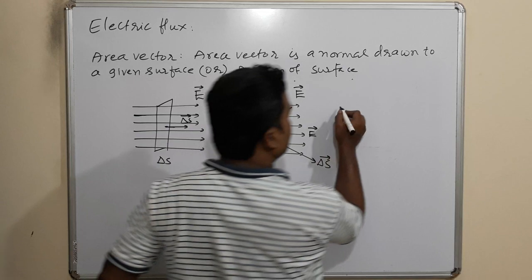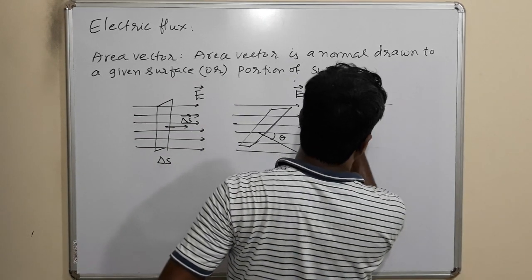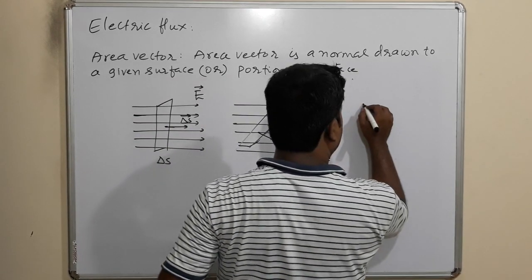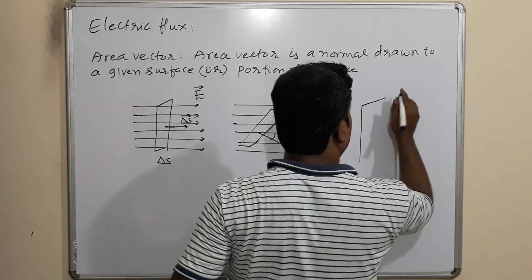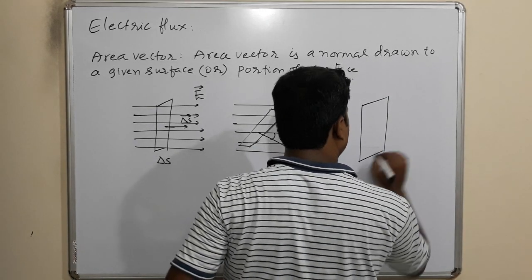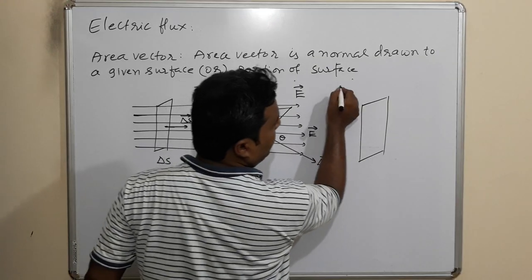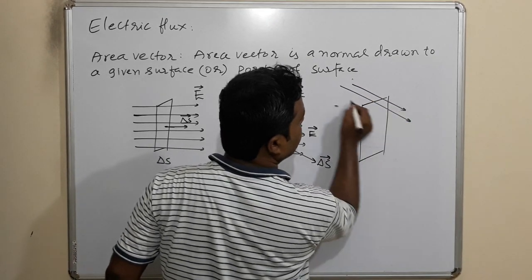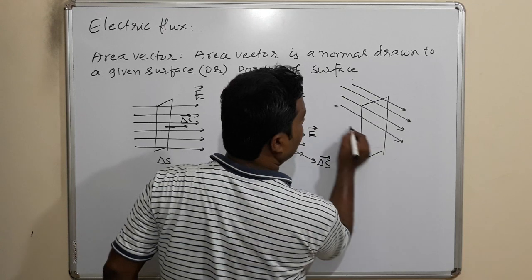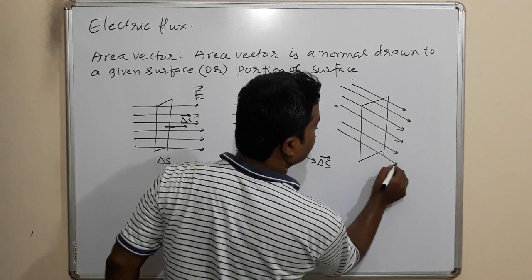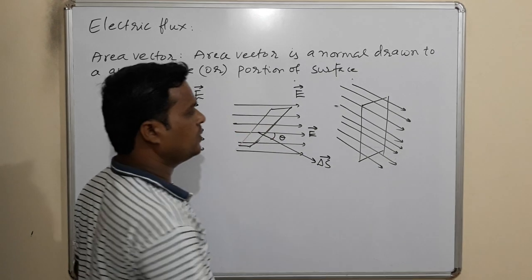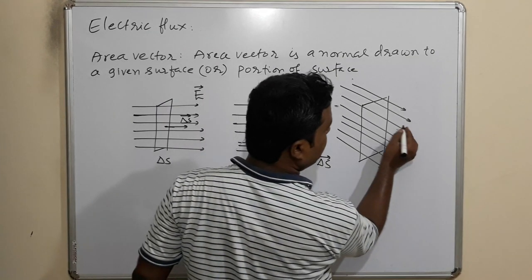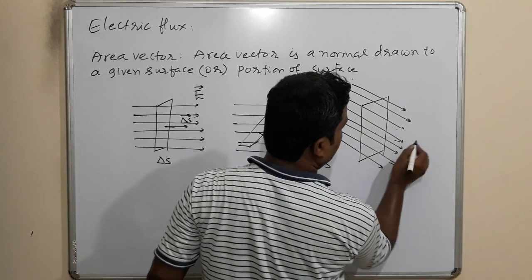Then in the third case, what will I do? In the third case, we will keep the area the same. I am not changing the orientation of the area. I am changing the direction of the electric field. If the electric field is drawn like this, keeping the area the same, so now this will be the direction of the area vector.